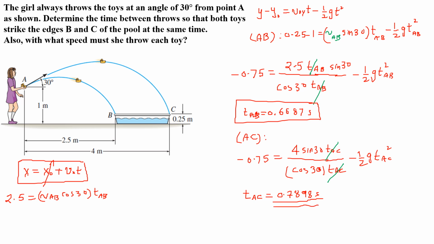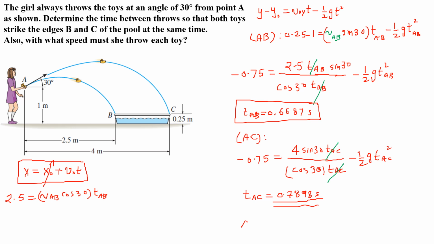Now the question asks for the time between throws. The time will simply be the difference between these two. I throw the AC toy at this time, then the AB toy at that time, so the difference gives how long we need to wait between the two throws.